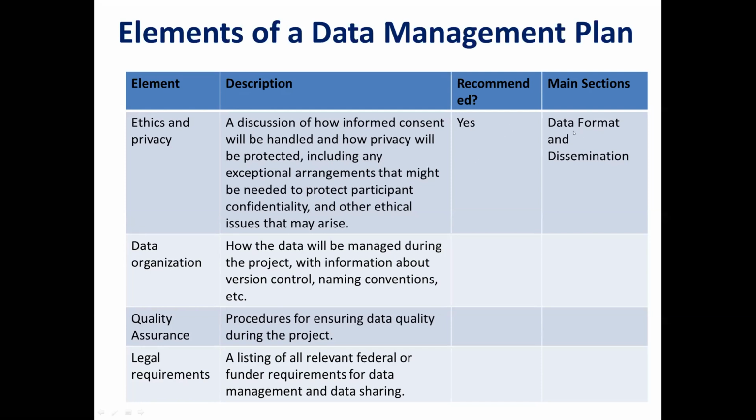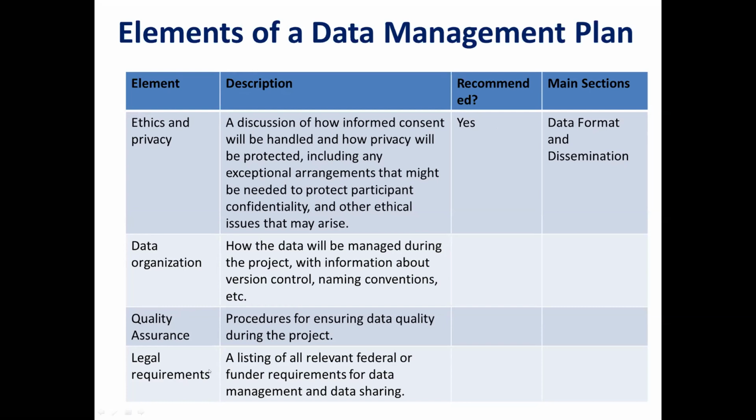This is data dissemination, data organization, quality assurance, especially if you are working with health data, you have to ensure the quality of the data. You have to have metrics and parameters to make sure that the data is of high quality.